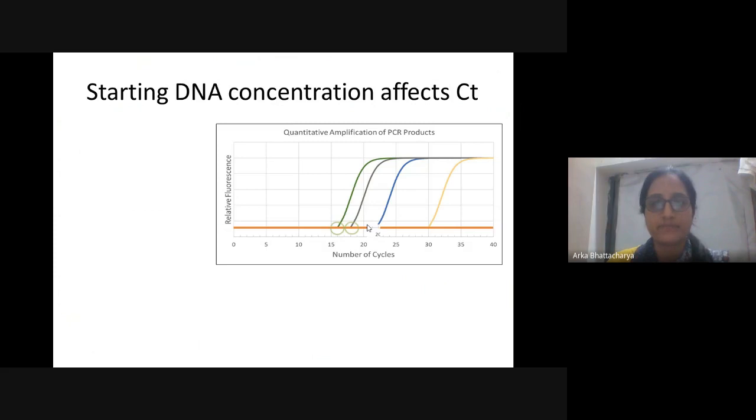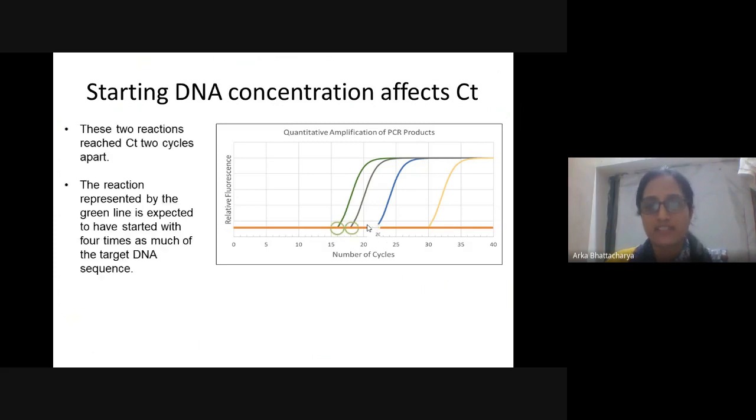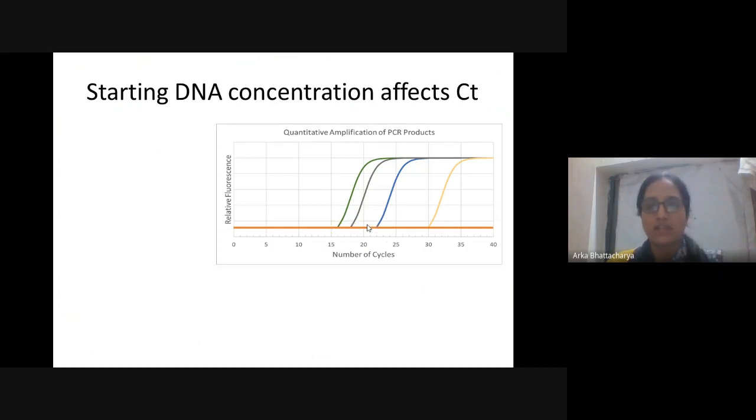As I've previously told you, these two reactions reach CT 2 cycles apart. So the reaction represented by the green line is expected to have started with 4 times as much of the target DNA sequence.